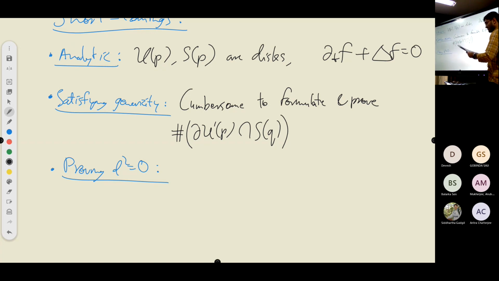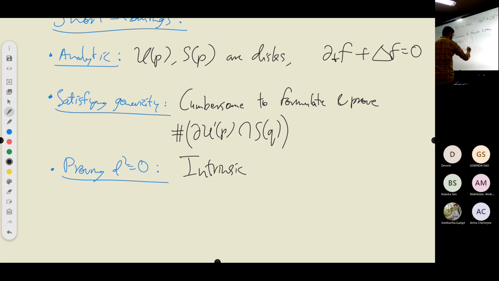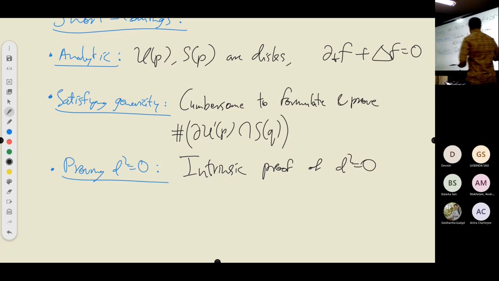So what we would like is an intrinsic proof. This is not to say that we don't have one in this setup, but at least I've not found a simple one that easily generalizes to infinite dimensions. The one that I'll talk about later on will clearly rely on a particular qualitative property of some moduli space that we'll be constructing.